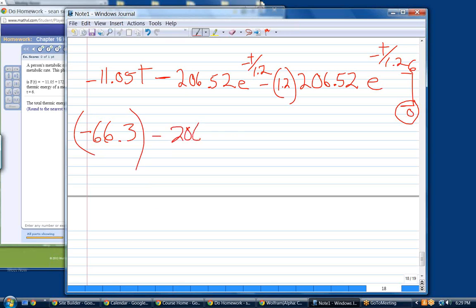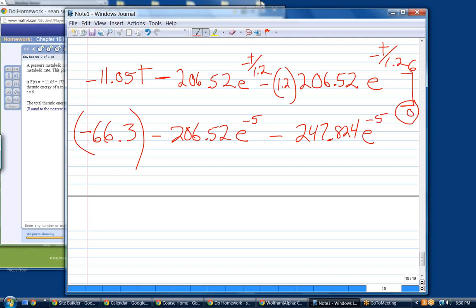And in fact, let me write it all out. So what is 6 over 1.2? 5. At least they gave us that luxury. What is 1.2 times this 206.52? $247.824. e to the minus 5 also.